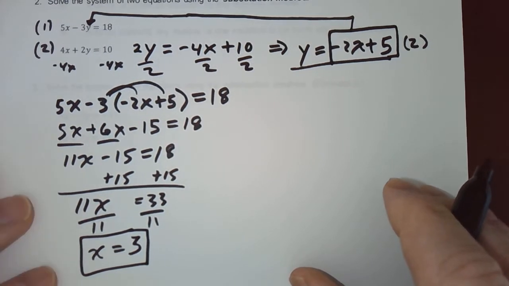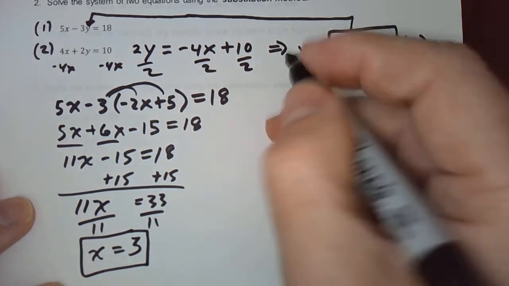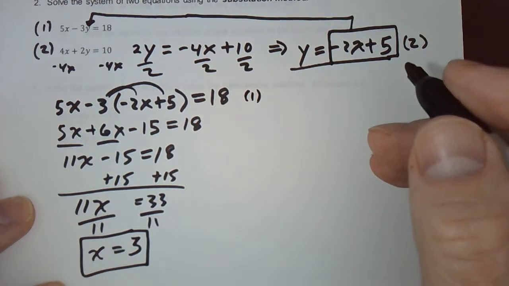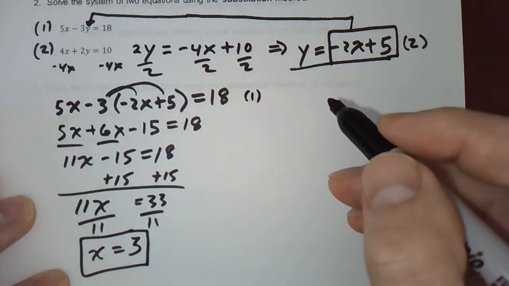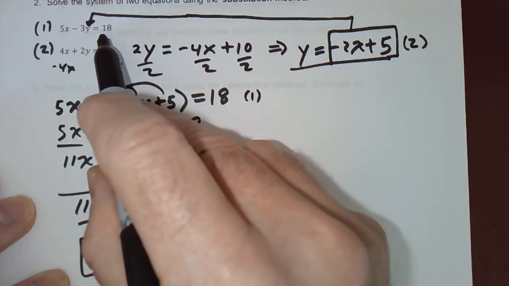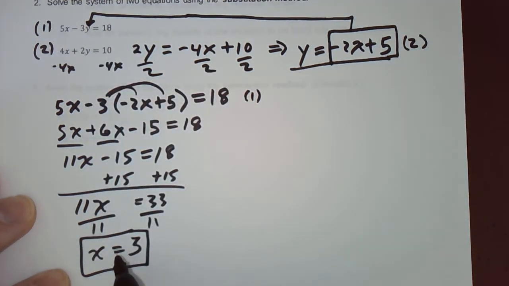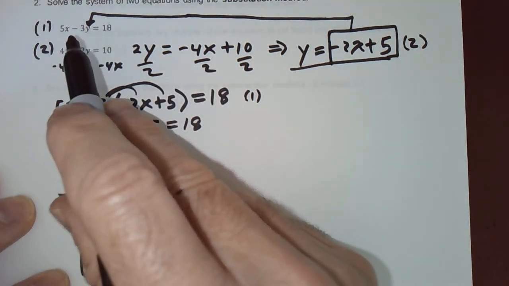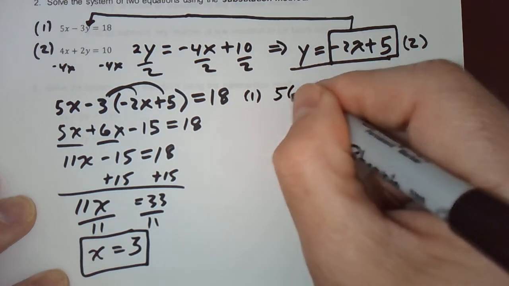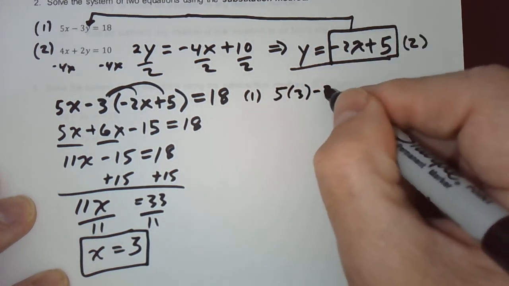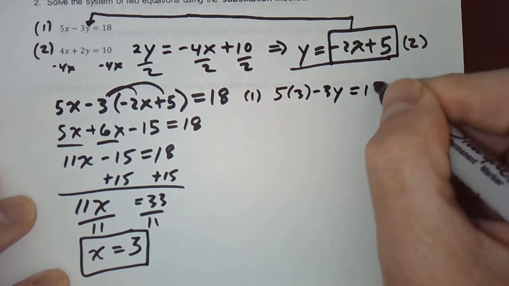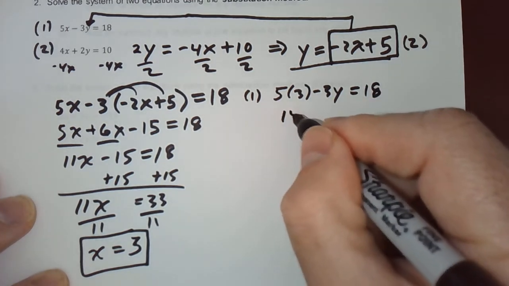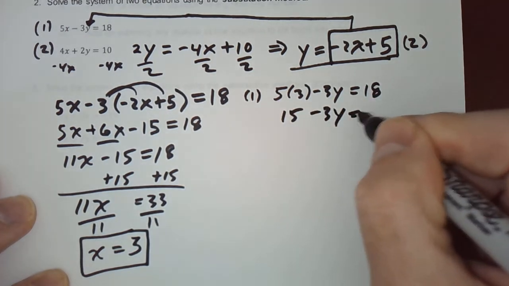Now we need to find out what y is. So let's go back to maybe equation number 1. And we see 5x minus 3y is 18. Well, x is 3. So replace that x with a 3, and we'll get 5 times 3 minus 3y equals 18. So 15 minus 3y equals 18.